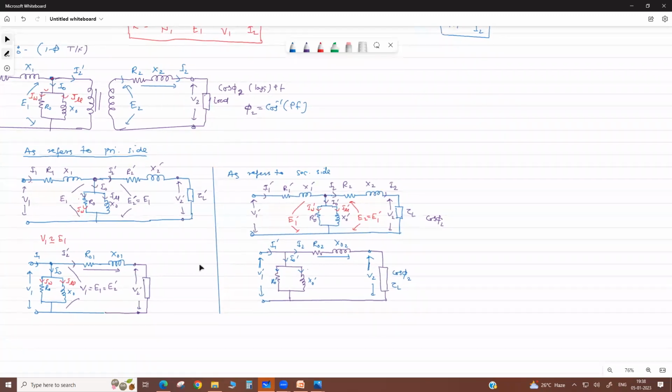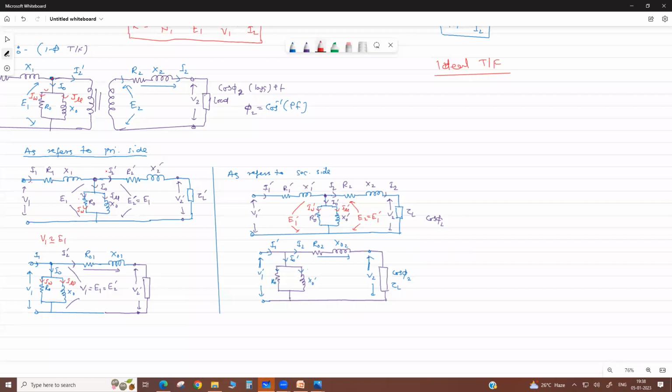Now we discuss the ideal transformer. What is the ideal transformer? That is loss free. Please remember, ideal transformer means there is 100% magnetic coupling between primary and secondary, no leakage flux.